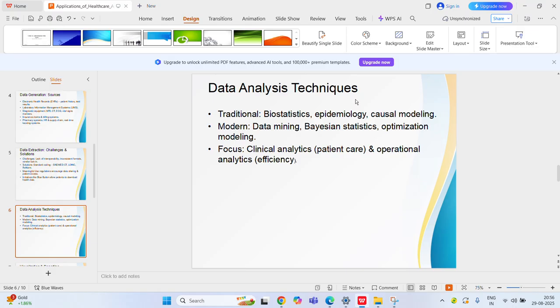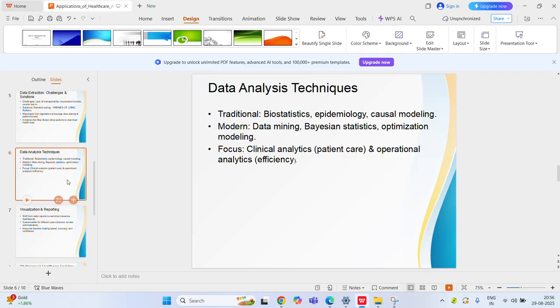Also, EHRs were not designed with system performance in mind, so the challenge is to figure out how to capture these data with high quality at low cost. So this was about the data analysis techniques.